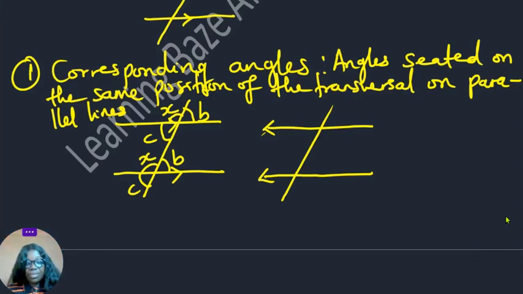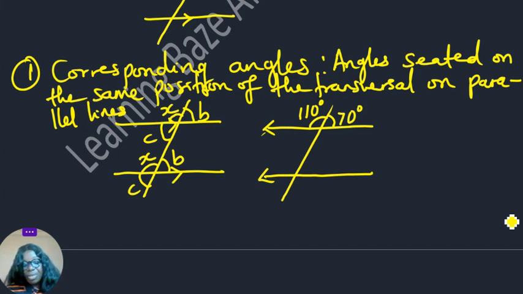Alright, so let's have this example where right here we have 70 degrees and on the left side we have 110 degrees. You know, sum of angles on a straight line will give you 180 degrees. So the sum of these two angles definitely is 180 degrees.